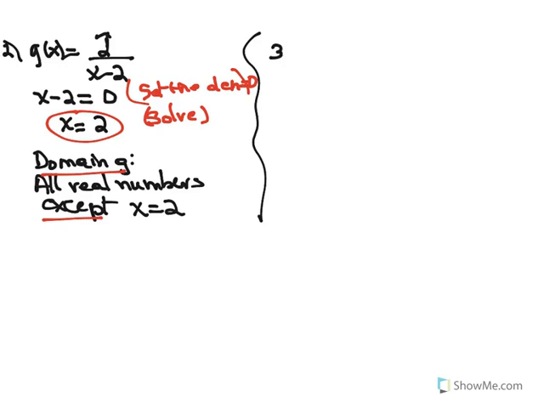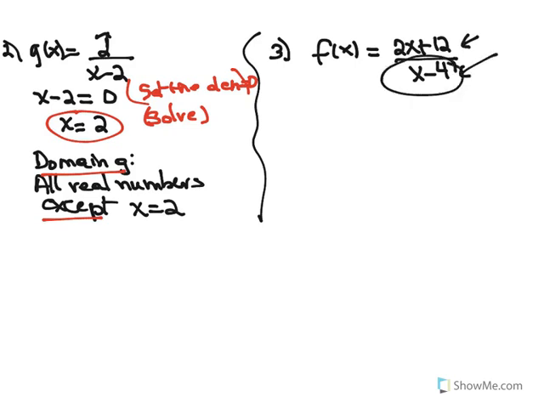I'm going to take example number 3, and I'm going to take the function f of x equals 2x plus 12 divided by x minus 4. Again, I don't need to worry about the numerator. I need to worry about the denominator. That's where my problem is. So the first thing I do is I set the denominator equal to 0.